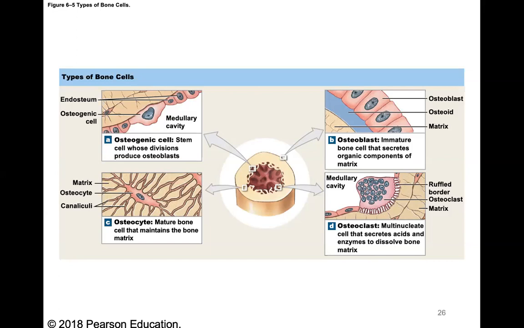Finally, the osteoclasts are multinucleated cells, and they will secrete acids and enzymes that will dissolve bone matrix. So osteoclast activity is going to be very important when you are repairing bone, when you are remodeling bone, or even if you need to break down bone to release more calcium into the body.